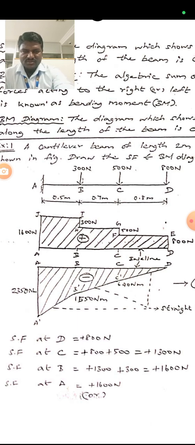So you have to simply draw the diagram. Mark the zero line. Above the zero line is positive, and below the zero line is negative.